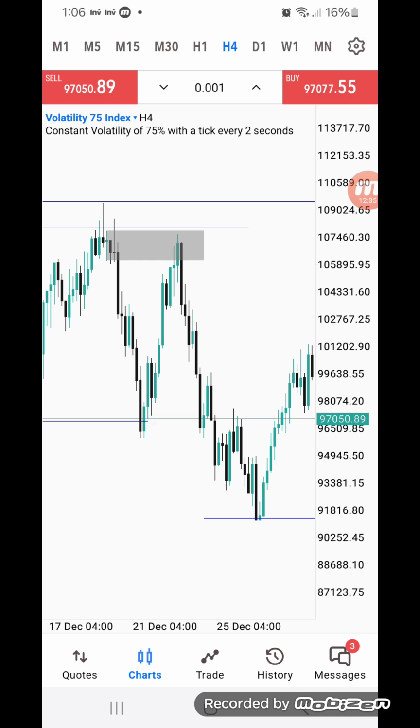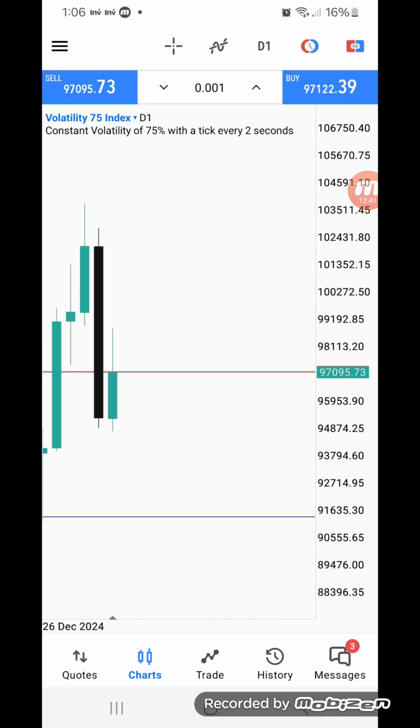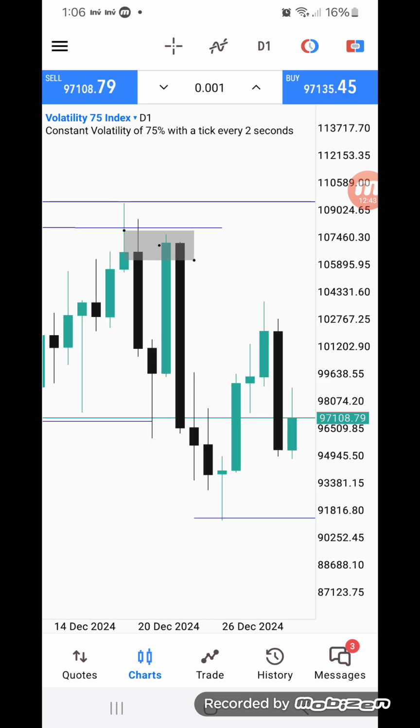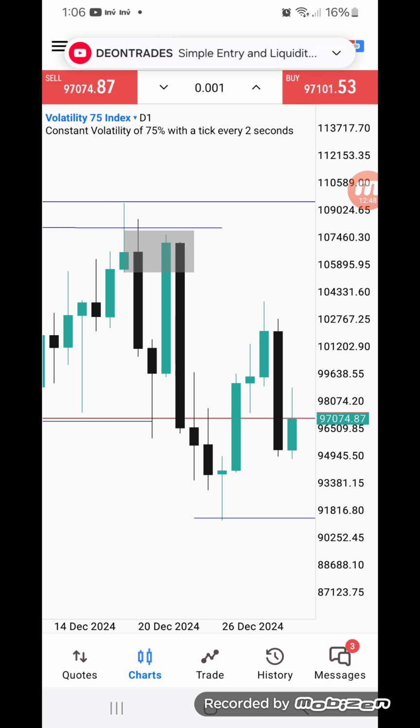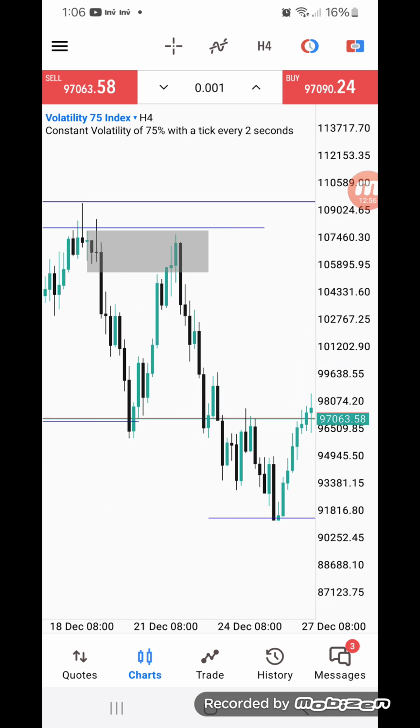And our 4-hour order block, it is still in line with what? When you zoom on the daily time frame, it is still in line with our daily order block. You can see it over there. So those are two reference points that we are going to rely on. Let's go back to our 4-hour time frame.